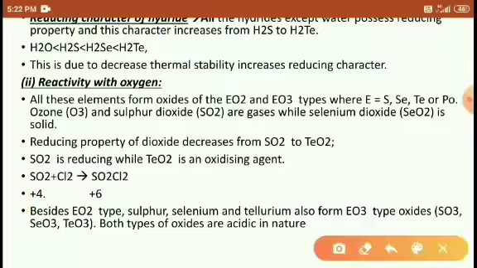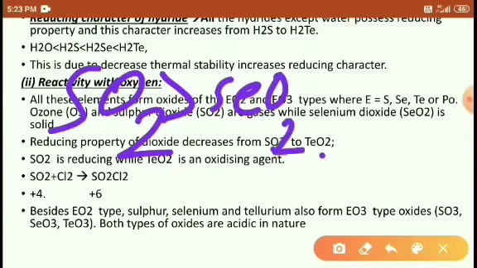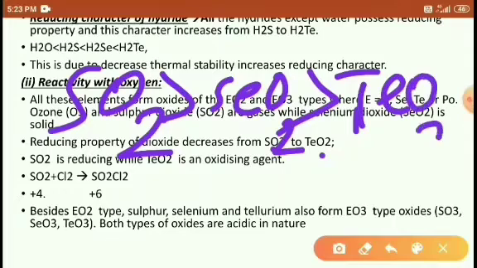The reducing property of the dioxides decreases from SO2 to TeO2. SO2 acts as a strong reducing agent, then SeO2, then TeO2.